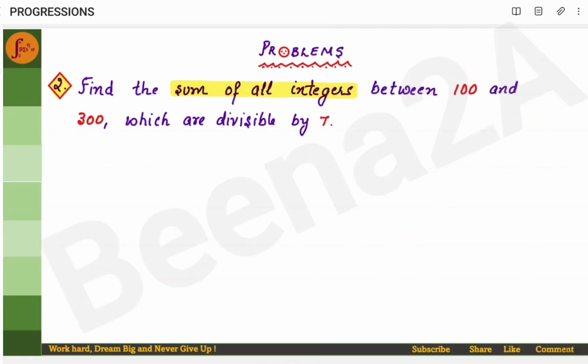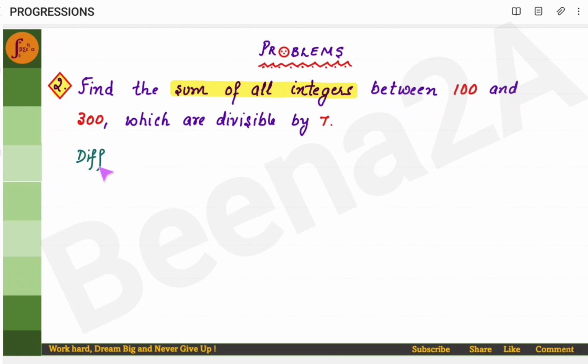Now let's solve this problem where we have to find the sum of all integers between 100 and 300 which are divisible by 7. Divisible by 7 means what?